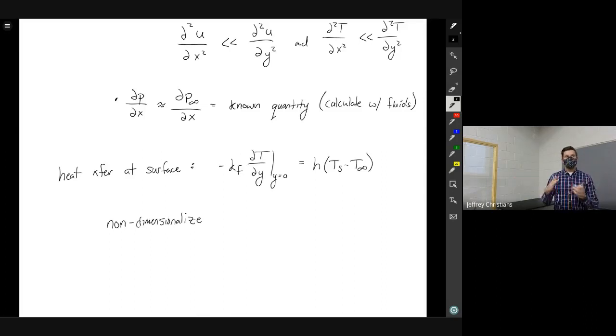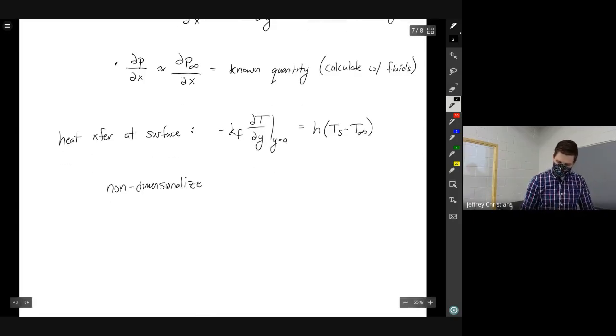So we said really the only thing that matters is the Bi number, and then we can use that to figure out all of the other stuff. We're going to do basically the same thing here. We're going to try to get all of the units out so that we can say what the key features of this problem are.